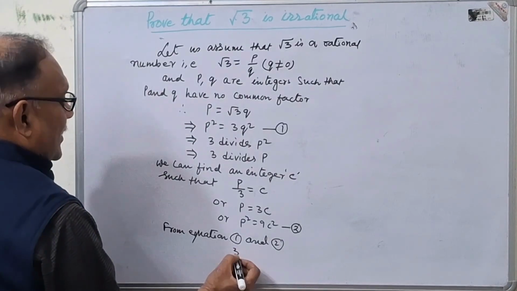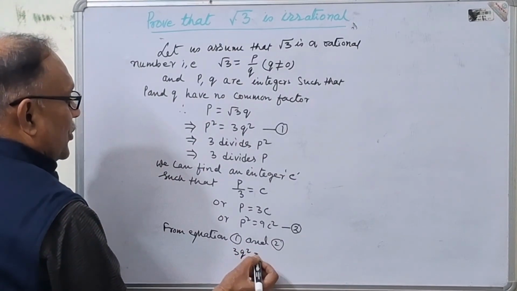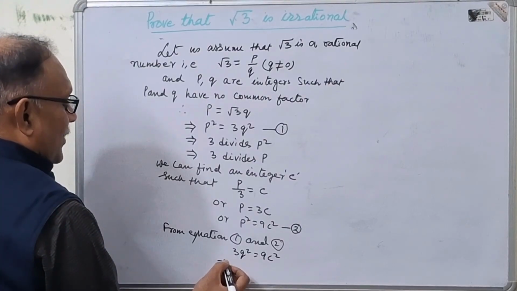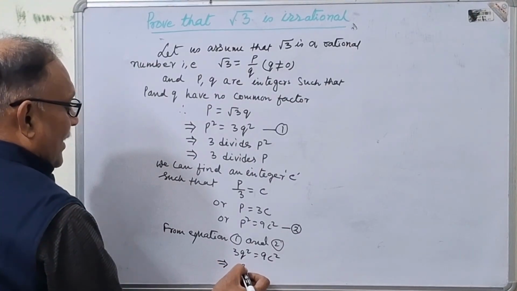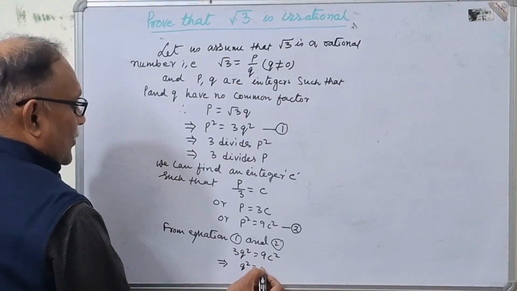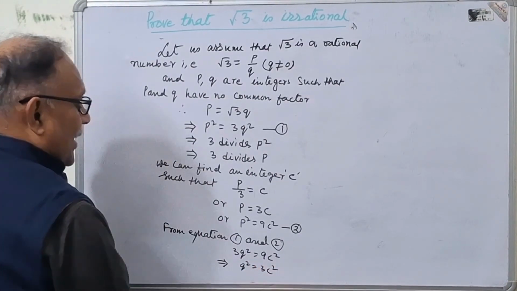So 3Q square is equal to 9C square. This will imply Q square is equal to 3C square.